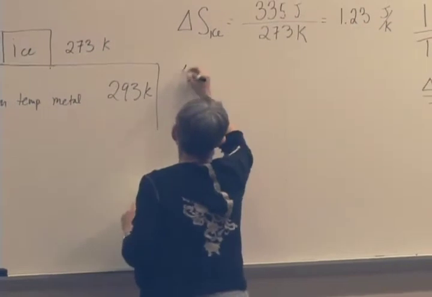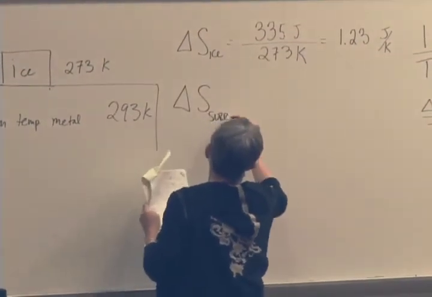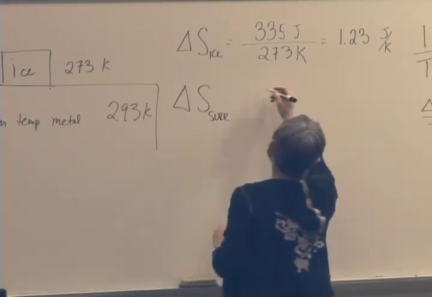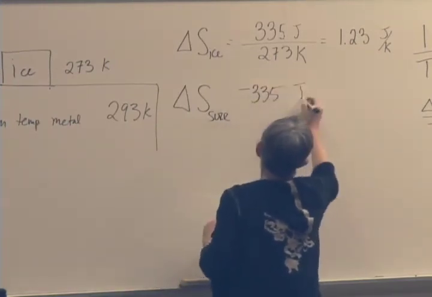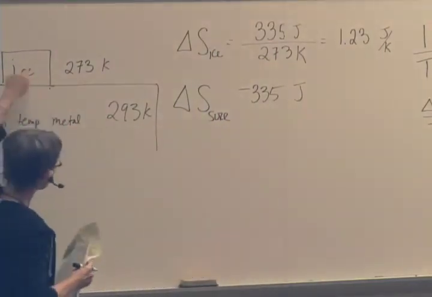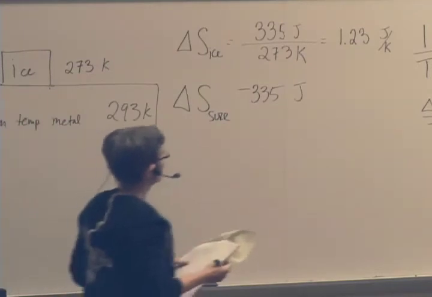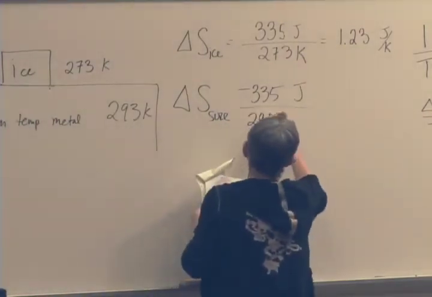What happened to the surroundings? We have change of entropy of the surroundings. Well, that was a negative 335 joules, because 335 joules flowed from the metal to the ice. But that occurred at 293 Kelvin.